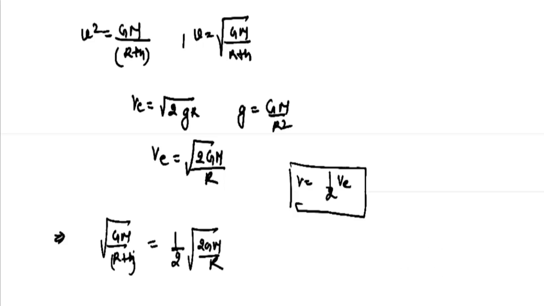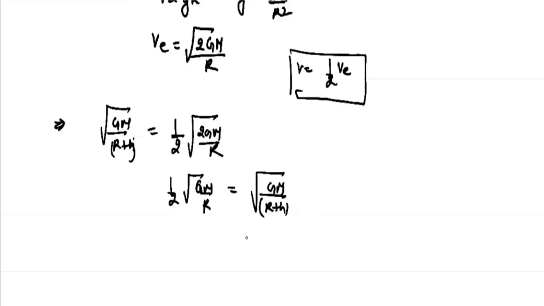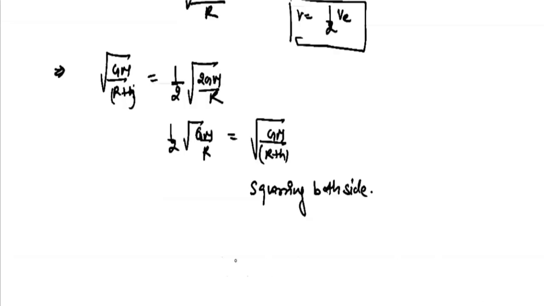So from here you will get half under root GM by r, capital G, is equal to under root GM by r plus h. Now squaring both sides, we will get here 1 by 4 into 2 GM.